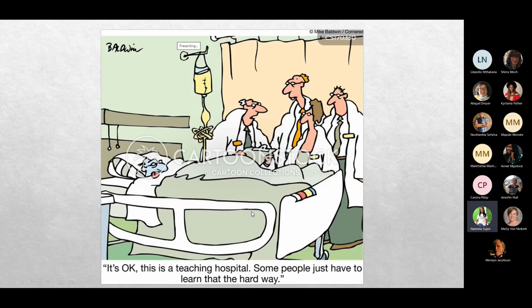Okay, so for me, this picture kind of sums it up. Where we have been treating patients, and I think in the previous professional learning session, Matthew and I were speaking about simulated patients and real patients. And this picture kind of summarizes how we've been treating real patients in health science education.